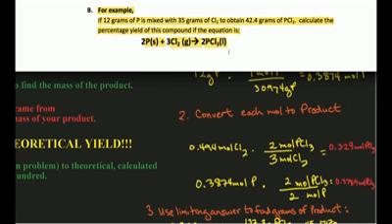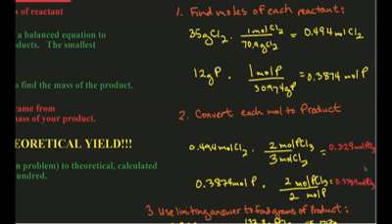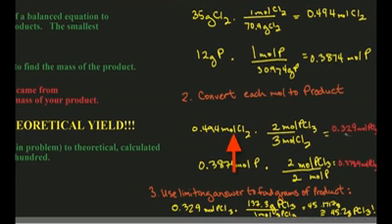So I use a mole ratio of 3 moles for chlorine to that of the product, which was 2. So we got 2 moles of product, 3 moles of chlorine. Why did the chlorine go on bottom? Because it has to cancel with these moles of chlorine there. And then 2 moles of phosphorus for every 2 moles of PCl3.